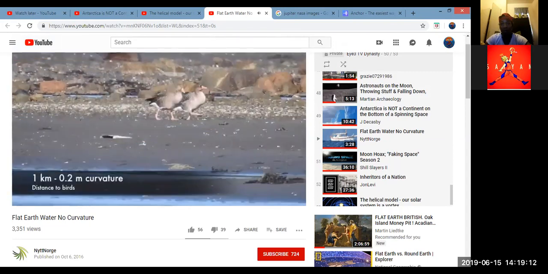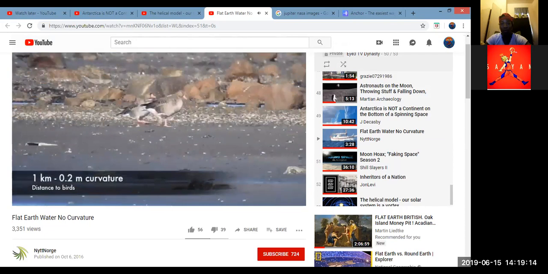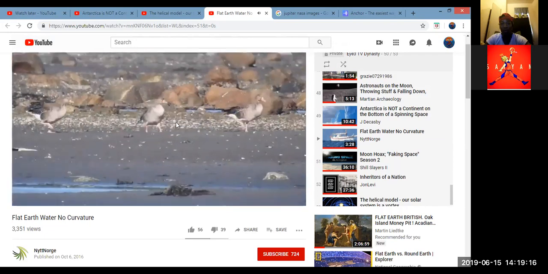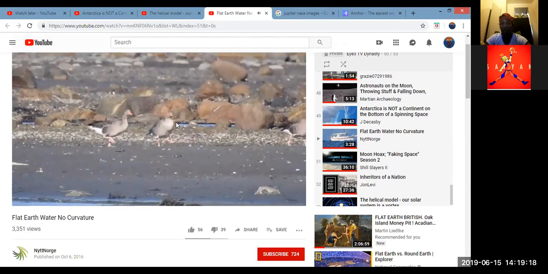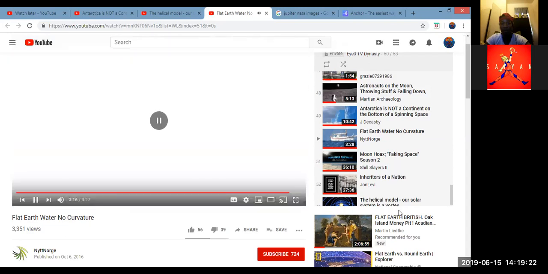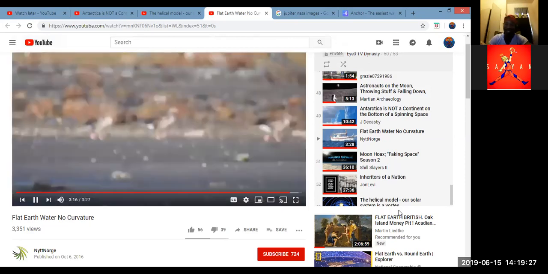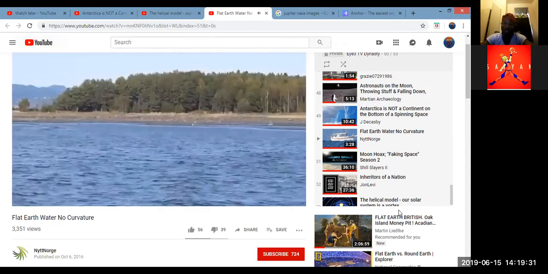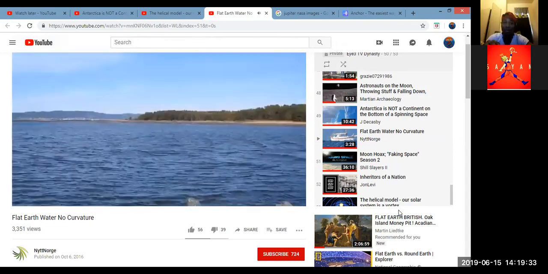Look at these birds. Watch when he zooms out. Curvature, which means you should not be able to see the feet of the ducks, but you can. The ducks are fully visible. There is no curvature.